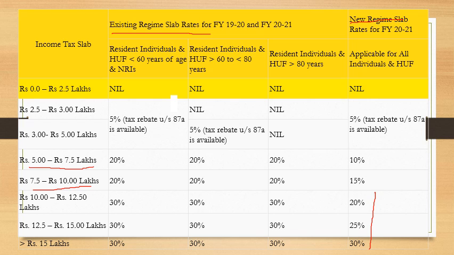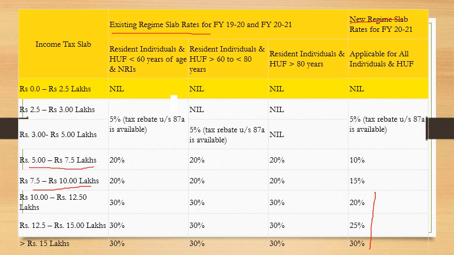Here this income means it is taxable income. Certain standard deductions are available, and deducting all those things, whatever I get, that is termed as the taxable income. So 0 to 2.5, it is not at all taxed.